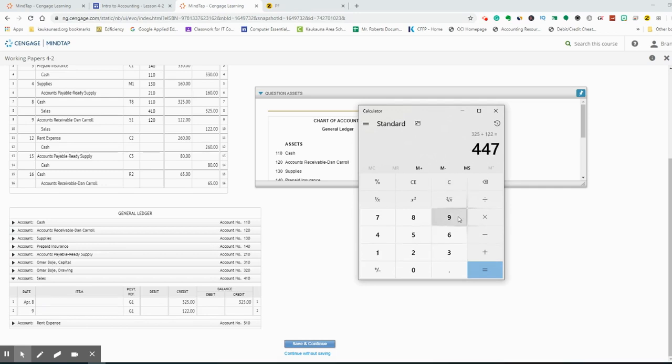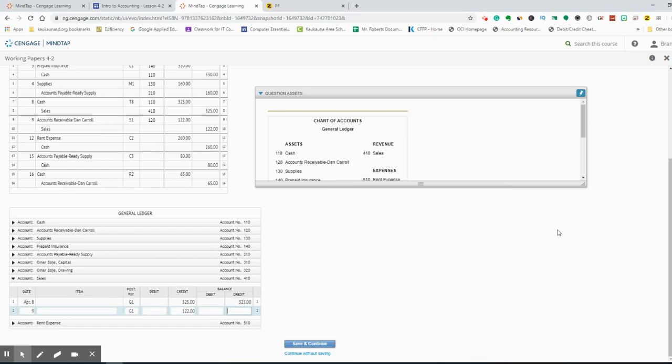If you really think about this, this is sales. So like, how often are you going to post a sales on the debit side? Not very often, right? Because are you going to have a negative sale? Probably not. 325 plus 122 was 447. All right. Last thing we do is we actually move this 410 up here.